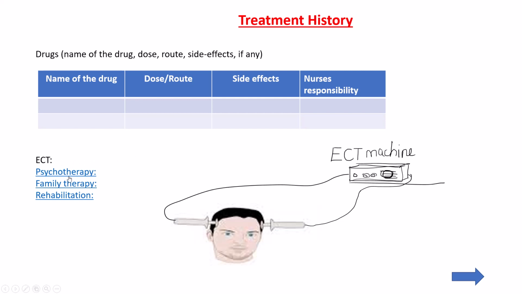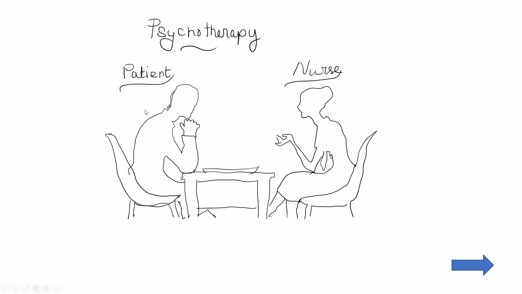Okay. Next is psychotherapy. This is between patient and nurse. We talk together, and the nurse or doctor will try to bring out his problems by discussion, with a perfect nurse-patient relationship and perfect communication.